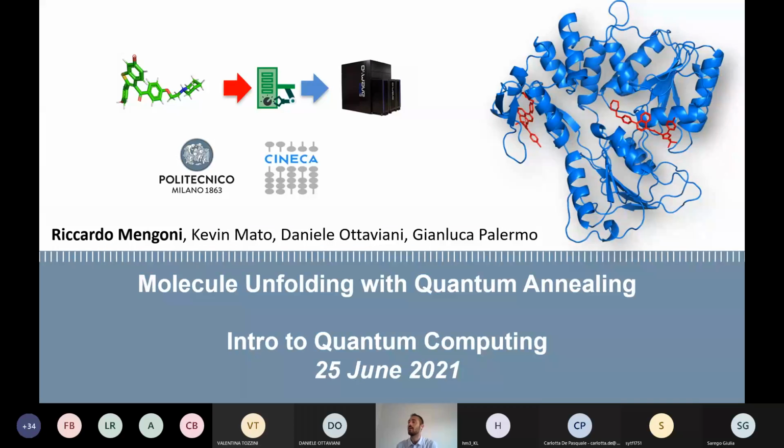So we used the D-Wave for an optimization problem, which is the molecular unfolding problem. We have to unfold a molecule in the best way, and this is an essential step in drug discovery.